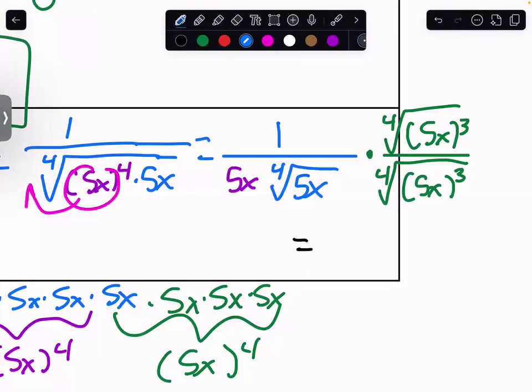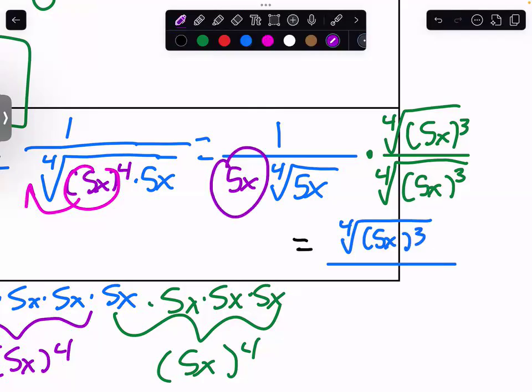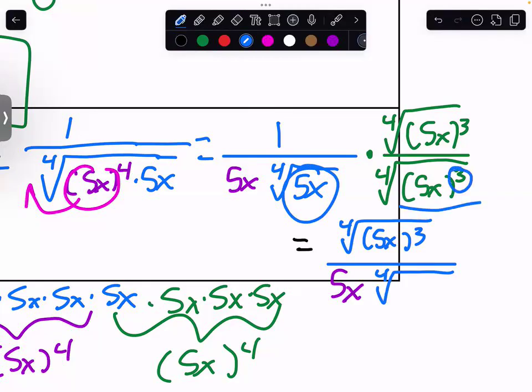Okay, so in the numerator, 1 times anything, the 1 doesn't change it. In the denominator, we already had this outer 5x, but now on the inside, right, the whole point was 5x times 5x cubed will combine to 5x all to the 4th.